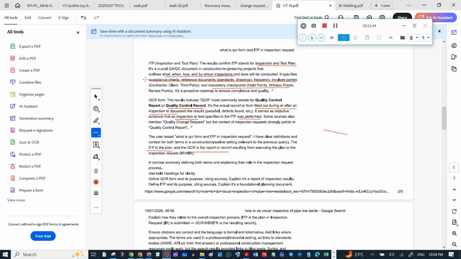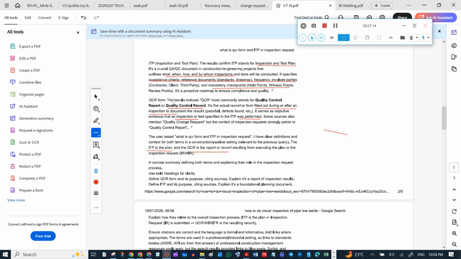So ITP outlines what, when, how, and by whom the inspection and test should be conducted. It specifies the acceptance criteria, reference documents, frequency, involved parties, and mandatory checkpoints like hold points, witness points, review points, etc. It is a proactive roadmap to ensure compliance and quality.